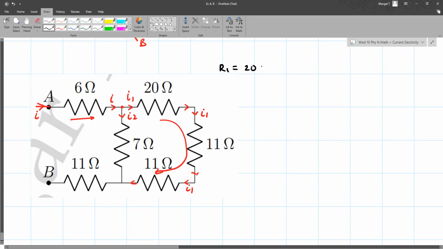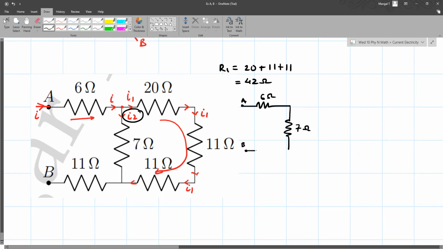By now you should be comfortable in identifying resistors in series. So this will be 42 ohms. And here you have I2 flowing through the 7 ohm resistor. So if I redraw the circuit, you have point A, you have the 6 ohm resistance, then you have the 7 ohm resistance over here.